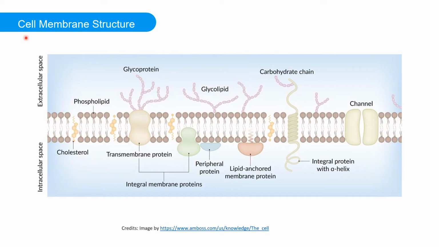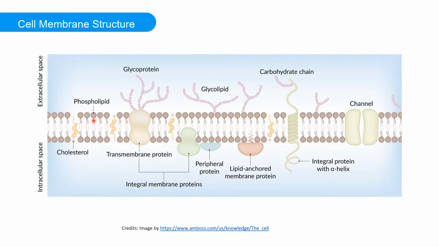Before we move on to look into the membrane protein, let's rehash about cell membrane structure. This is the cell membrane structure consisting of the basic building block, which is the phospholipid molecule making up the bilayer membrane as what you see here.